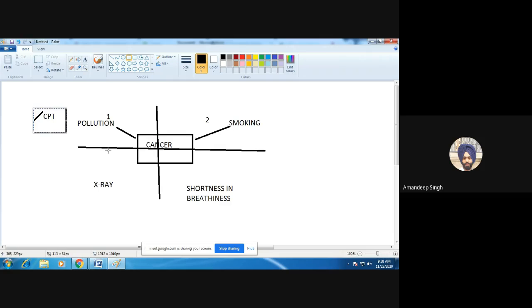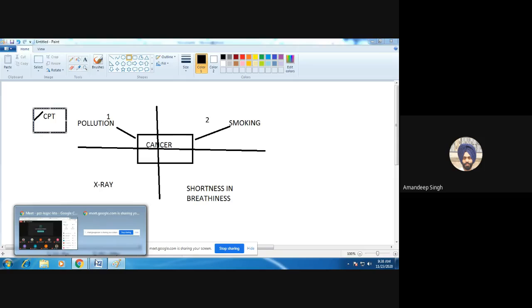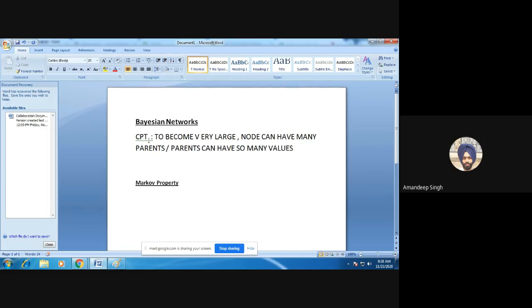A lot of values will be generated for each of the parents, and you try to consider all of the parents and compute the probabilistic values for the given factor. So in case of CPTs, they can become very large if the node has many parents, or if the parents have too many values.